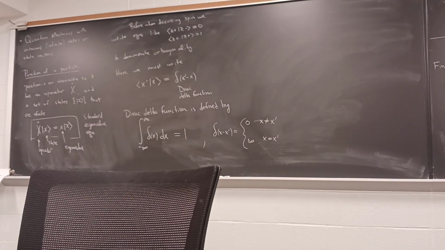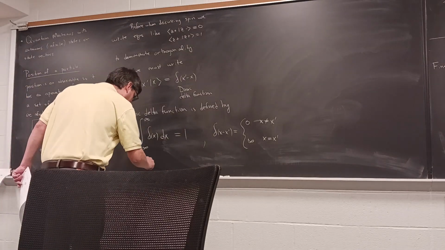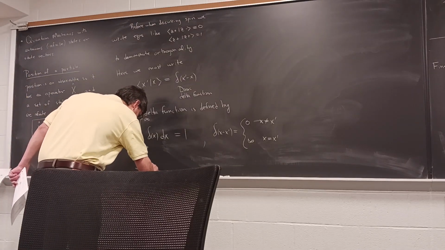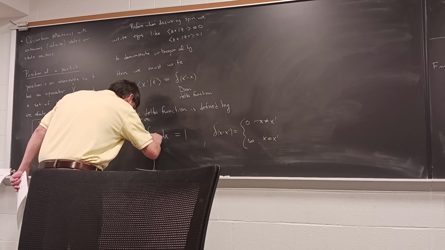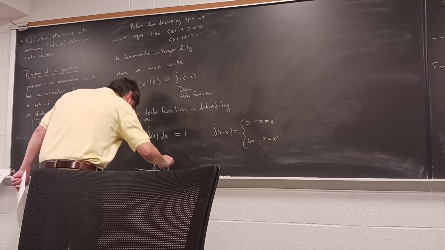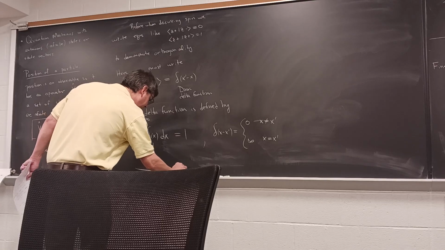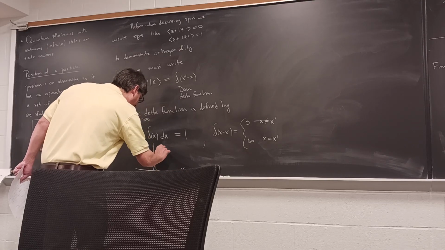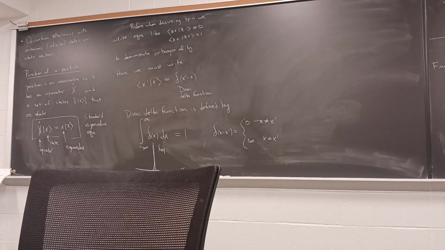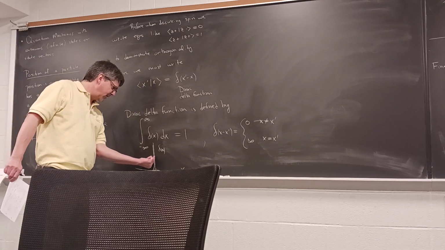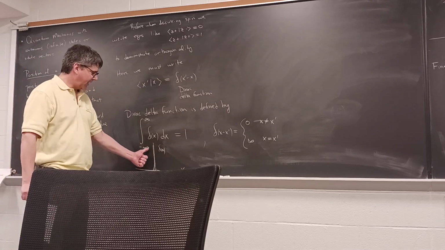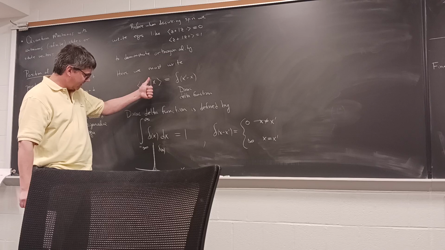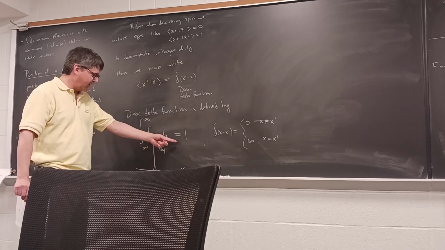Okay, that's a really strange function. That means that the Dirac delta function is just very sharply peaked at x equals 0. It just shoots up. It's this big infinite spike, and it's infinitely narrow, but it has an infinite spike such that if you integrate under it, the area is 1.